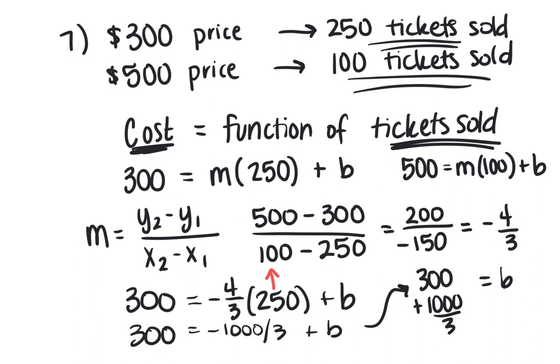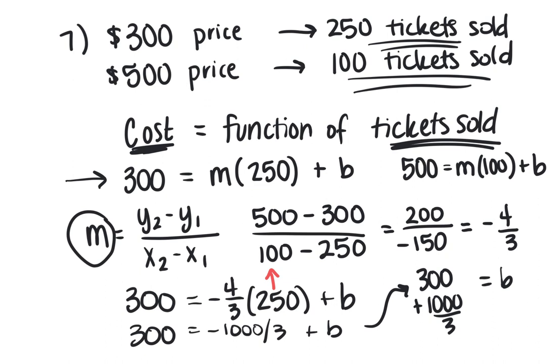So solving a problem like this is pretty tricky. You have to figure out what two numbers go together, which one is the function of, which one is the variable, what it equals, and we have to find our slope, and then we need to use one of our two equations that we wrote here to find our intercept.